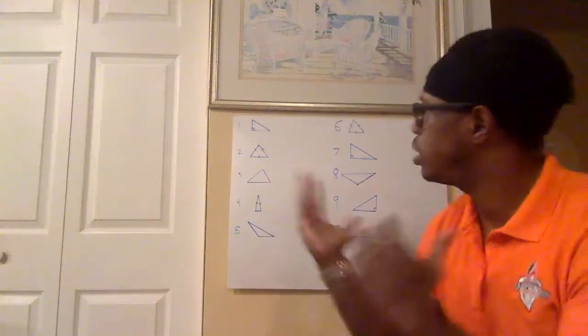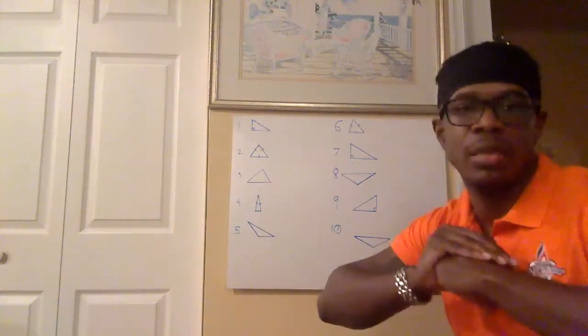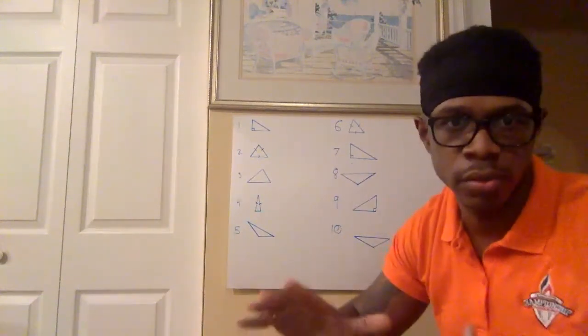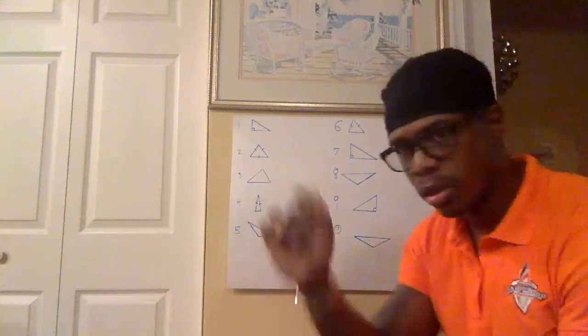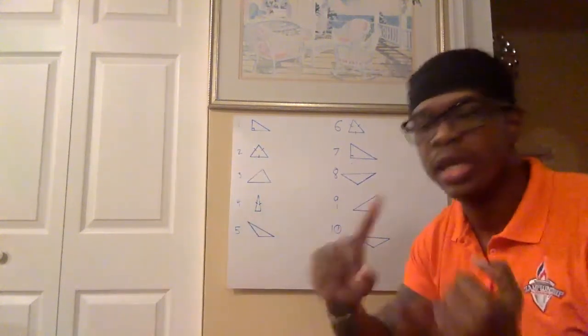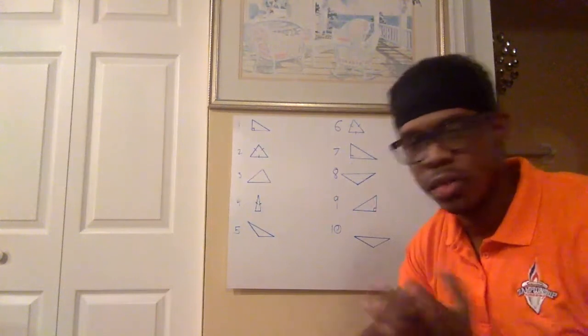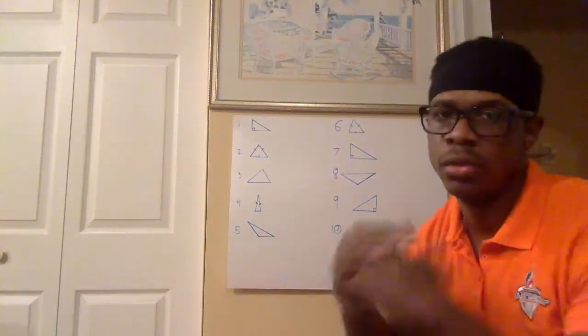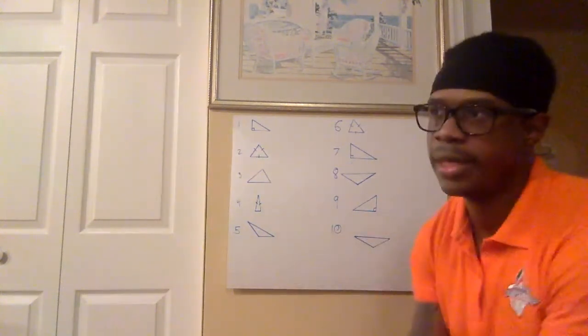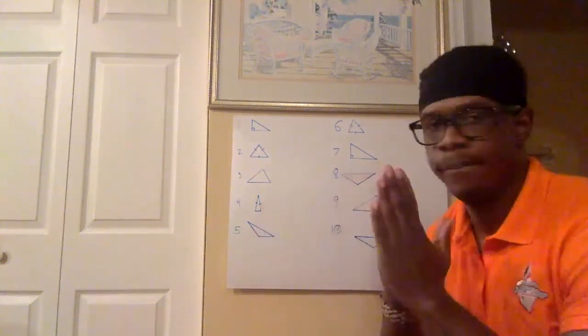I want you to pause the video, and I'm going to write all 10 down. We're only going by acute, obtuse, and right angle. So pause the video, get your answers, and then we'll come back.